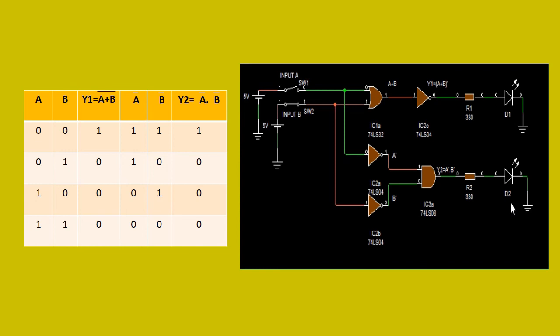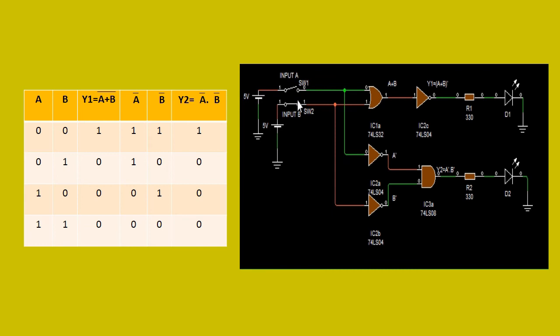This is the second condition. When A is 0, B is 1, Y1 is 0, A bar is 1, B bar is 0 and Y2 is in off condition, or 0 condition. So this is the second row of the truth table.